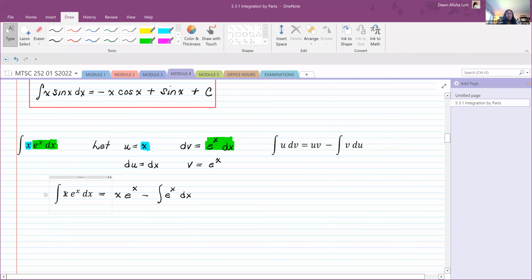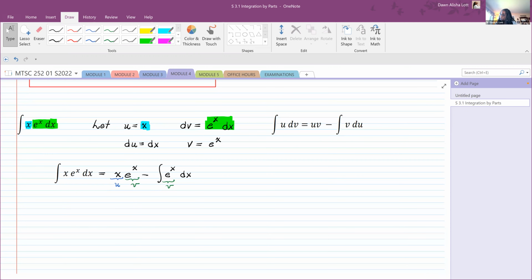So here u is x, dv is e to the x dx, and the integral is equal to u times v, so this is u and this is v, minus the integral of v du, and du is just dx. So now I have to do that integral.